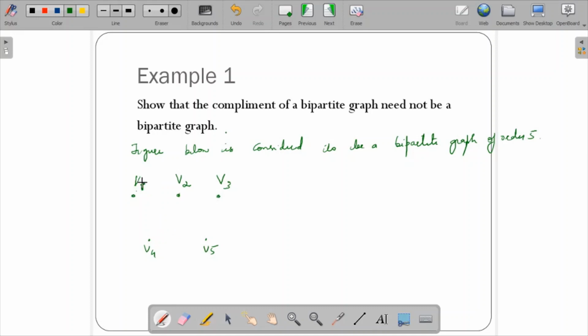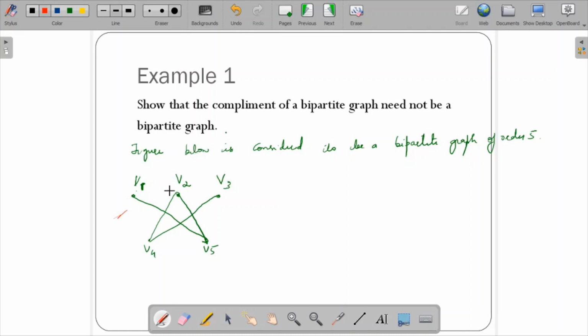And one more thing: there should not be an edge between vertices within the same set, but there can be an edge from one set of vertices to the other. So let us draw V1 to V5, and it also goes to V2, then V3 to V4, and from V4 let us take it to V2, and then to V3. Okay, so this I have considered to be a bipartite graph.